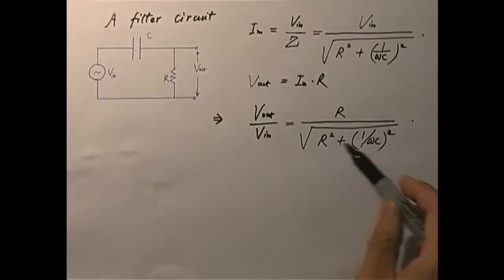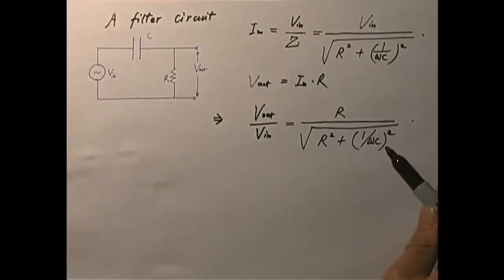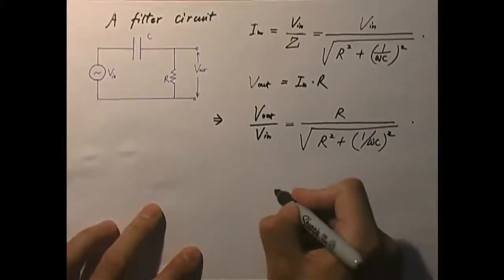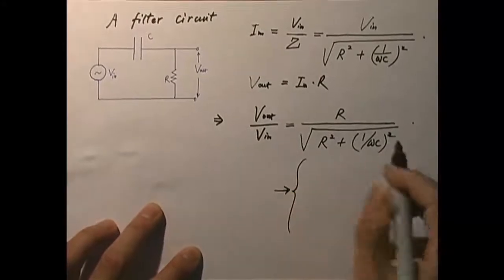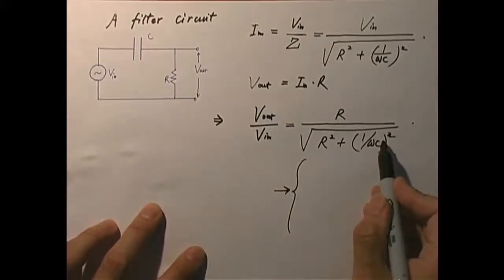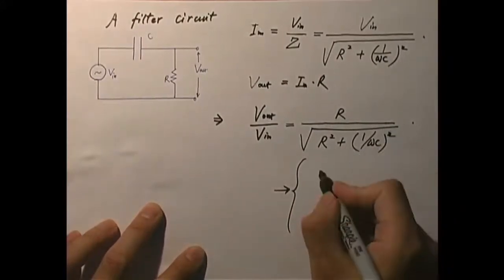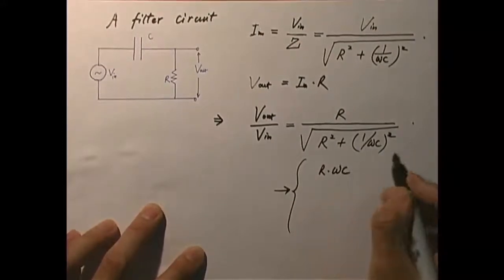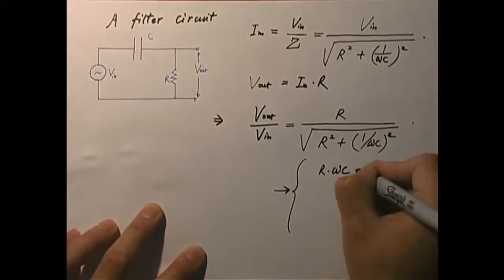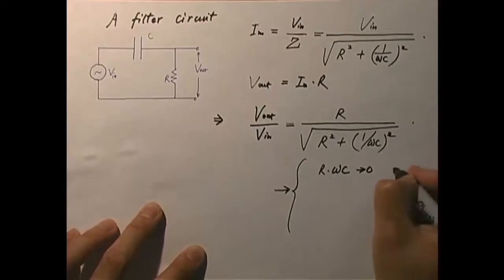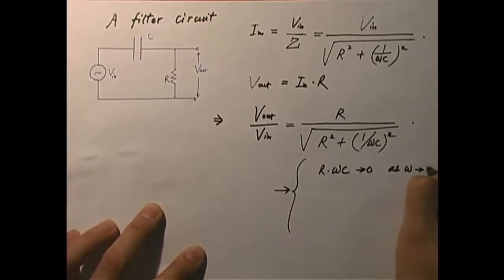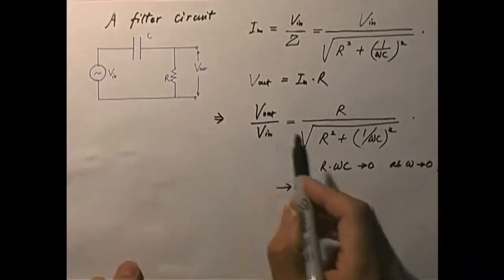It dominates over R, so this whole expression just approaches 1 over omega C. Let's see what it approaches. The denominator becomes 1 over omega C, and then you flip it over, it's just R times omega times C, which approaches 0 as omega approaches 0. So the output signal reduces to 0.